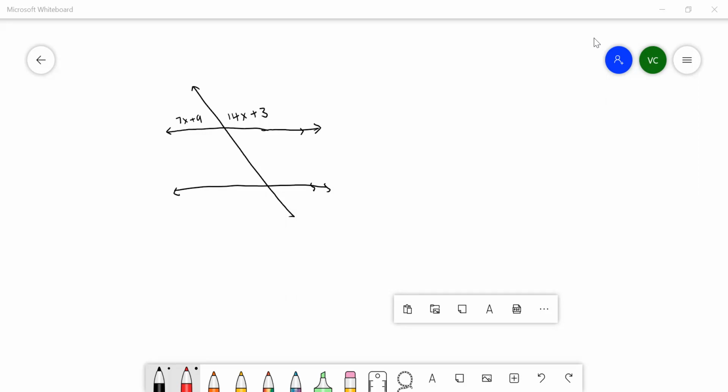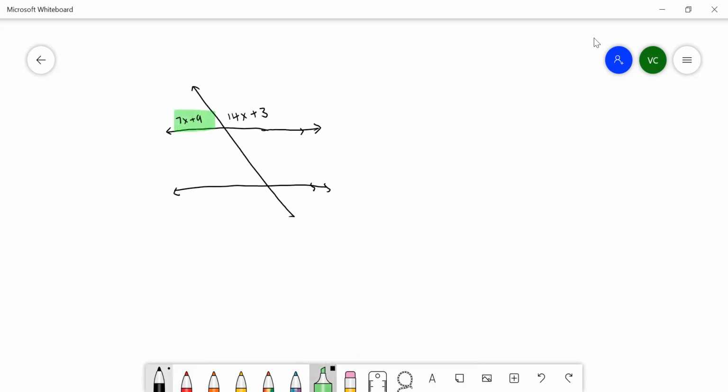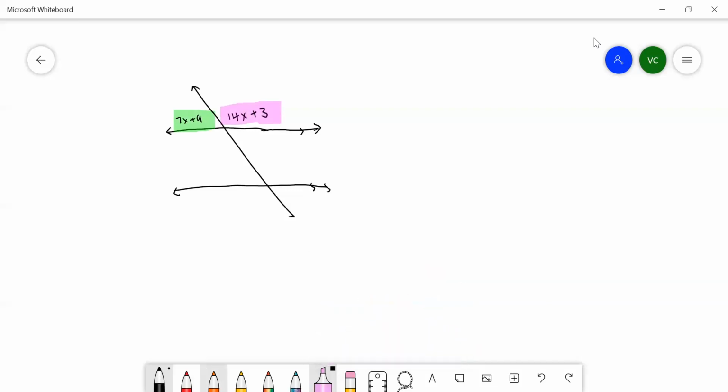If you said that they are supplementary, then you would be right. That means that they add up to 180 degrees. You see, when we have this angle here, that angle is right next to this angle. They make a straight line. See, they're on a single straight line.